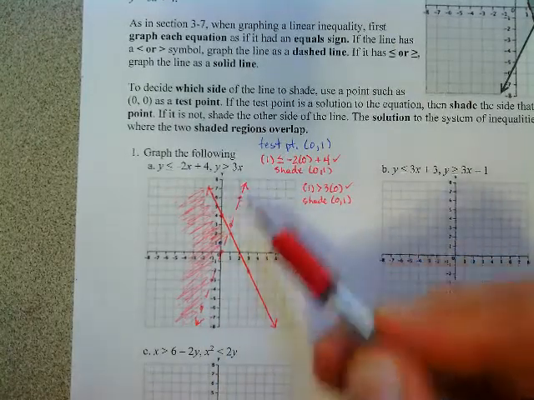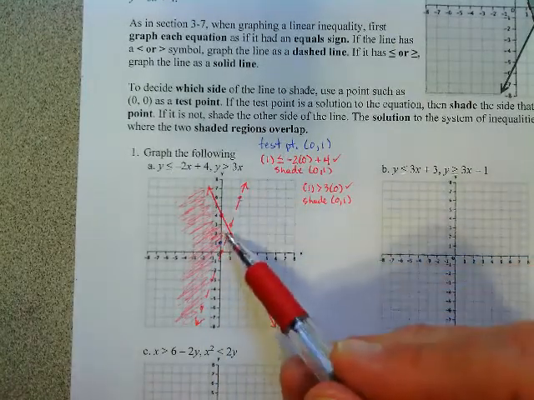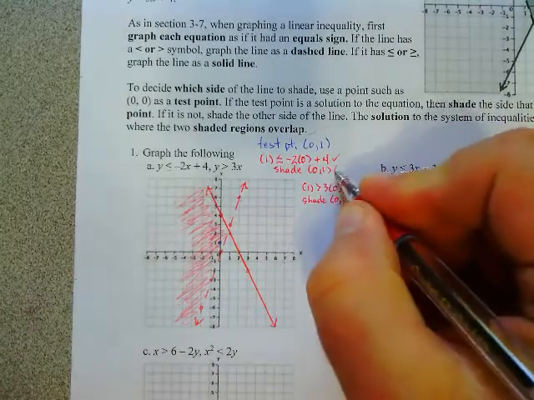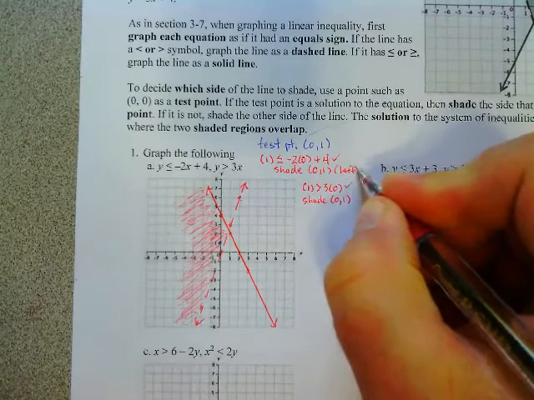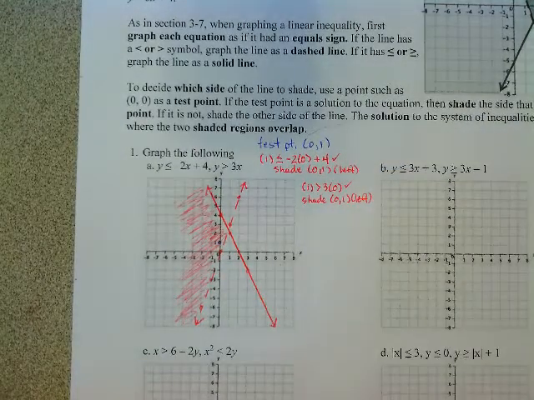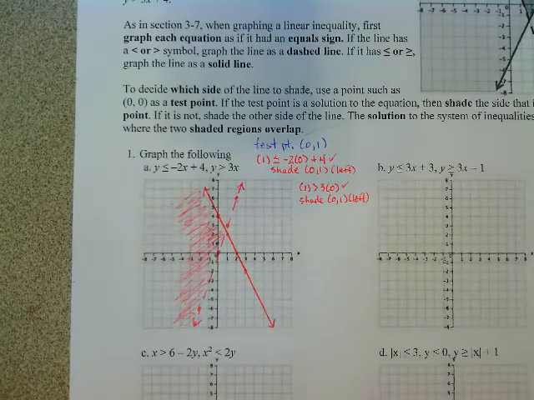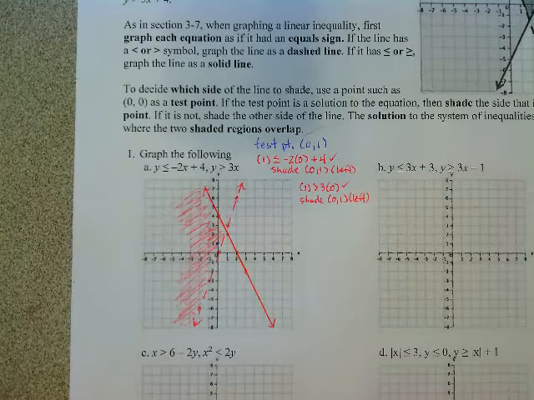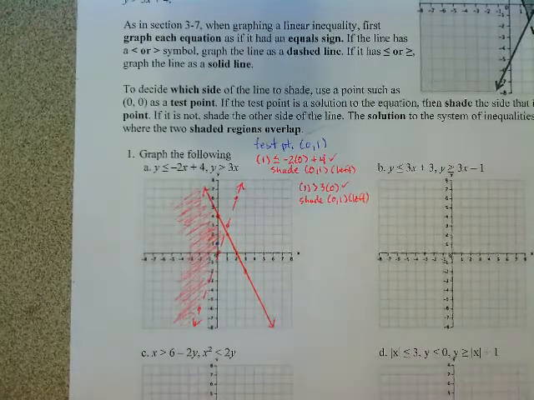We're not going to shade up there because that would be on the other side of this line. We have to stay to the left. So basically shade left for both of these. And so we have to pick the area that works for all of them. And so that's an example of the solution area for those two lines.